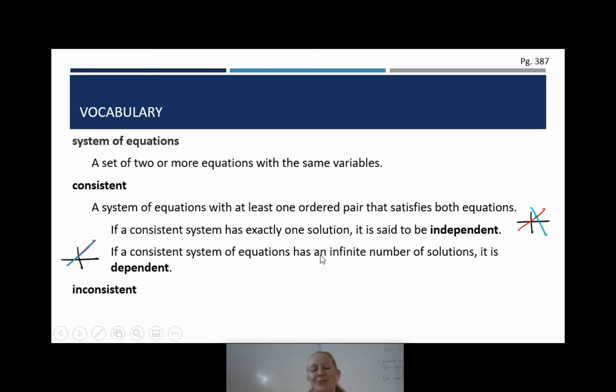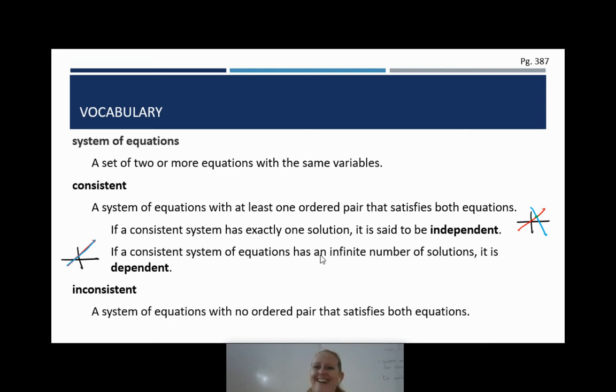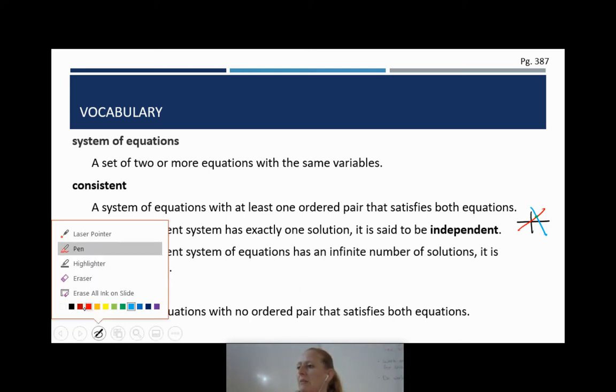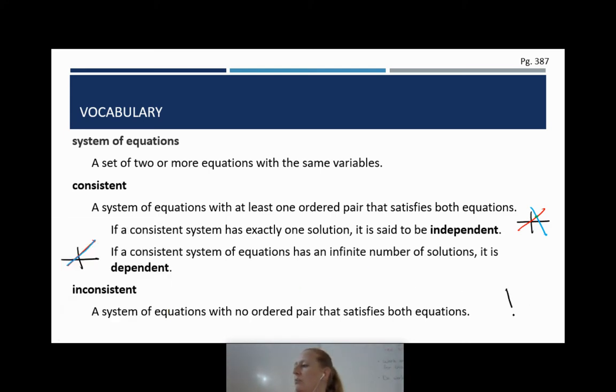Now, it's possible to not have any solutions at all. A system of equations with no ordered pair that satisfies both equations, meaning there's no solution here, we say it's inconsistent. To give you an idea, here's my x-axis and my y-axis.